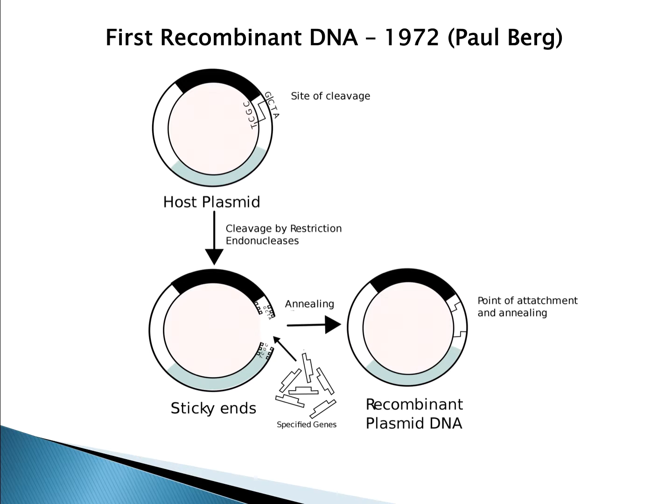So this allowed manipulation of specific genes and gene regions and chromosome regions for study in evolutionary studies, in functional studies for what the gene does, and for making the proteins from those genes to determine what the proteins did in the cell as well.